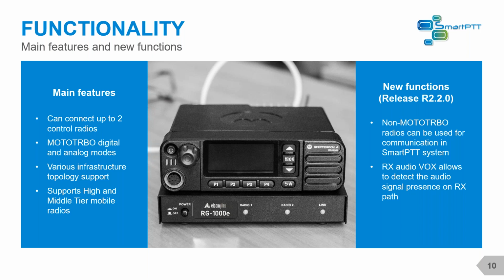We've also always been able to support Motorola Turbo radios in both digital and analog modes, as well as supporting the various Motorola Turbo topologies. We also support the high and mid-tier Motorola Turbo mobile radios.